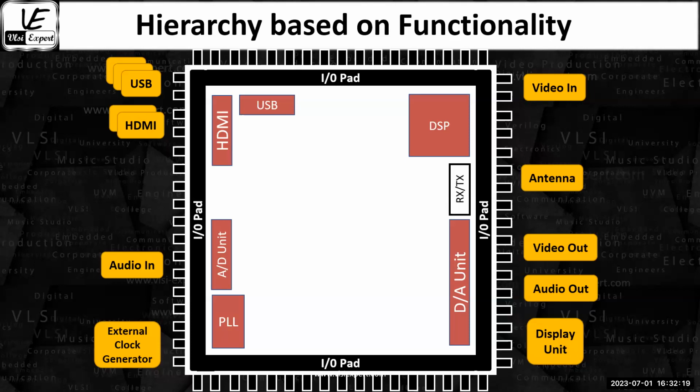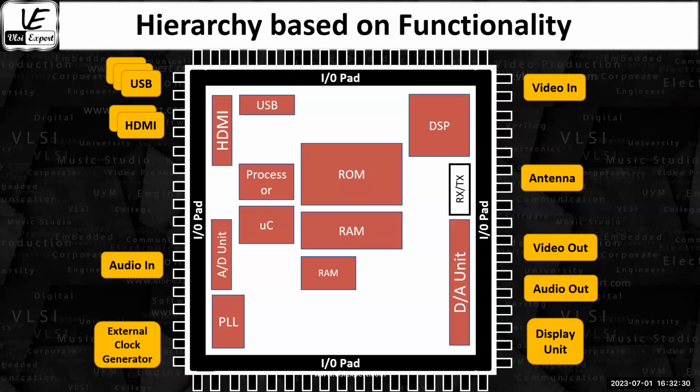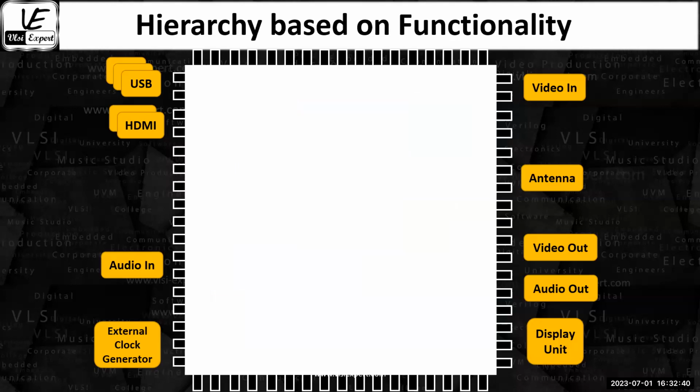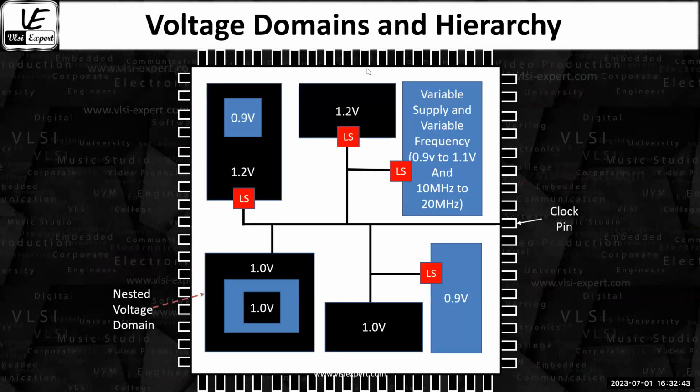Hierarchy is basically: there is a top, inside this there is a small block, inside that there is another block. So it can be a 2-level, 3-level, or 4-level hierarchy. Right now, in the functional case, it is a single level hierarchy: the top, and then the rest are blocks. You design all these blocks one by one. In the previous one, there is white, then black as one level of hierarchy, and inside the black there is blue, the second level.